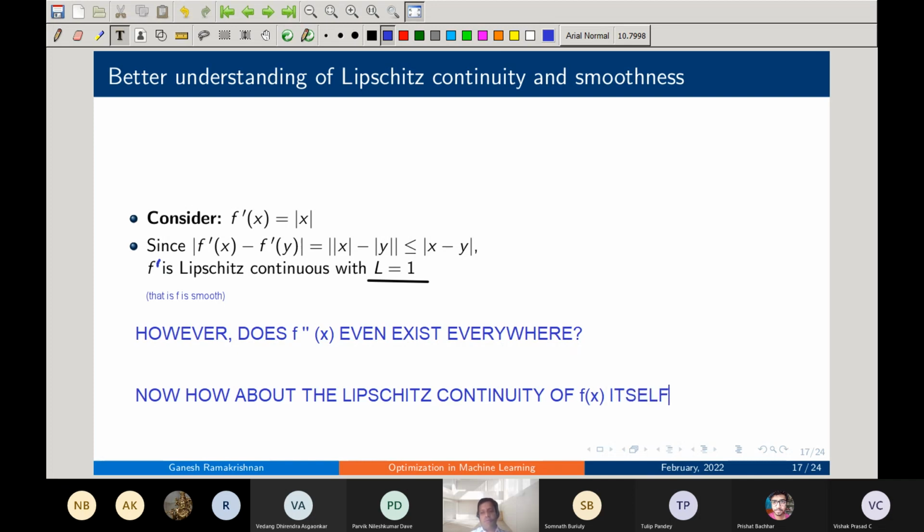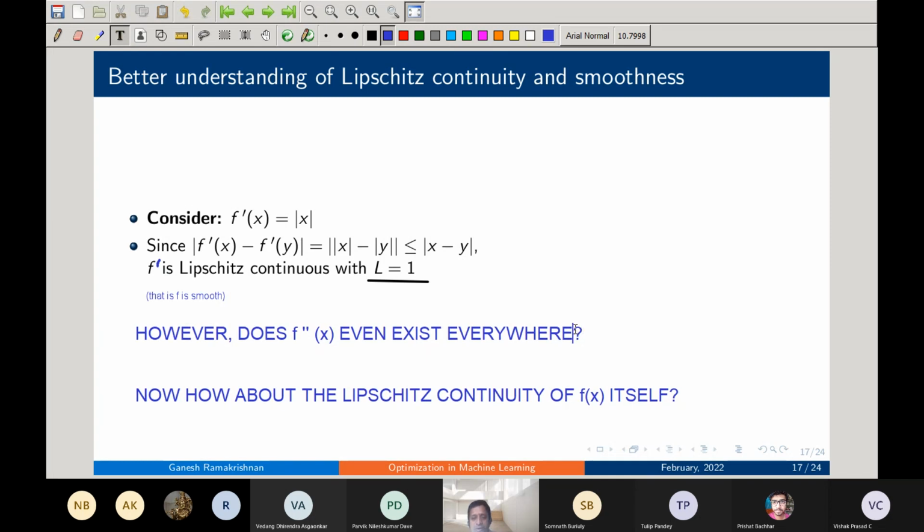Okay, so we talked about the Lipschitz continuity of f dash x, the rate of change of f dash. What about Lipschitz continuity of f? We could talk about the Lipschitz continuity of f dash, even though f double dash doesn't exist everywhere. But I would like you to think about Lipschitz continuity of f.